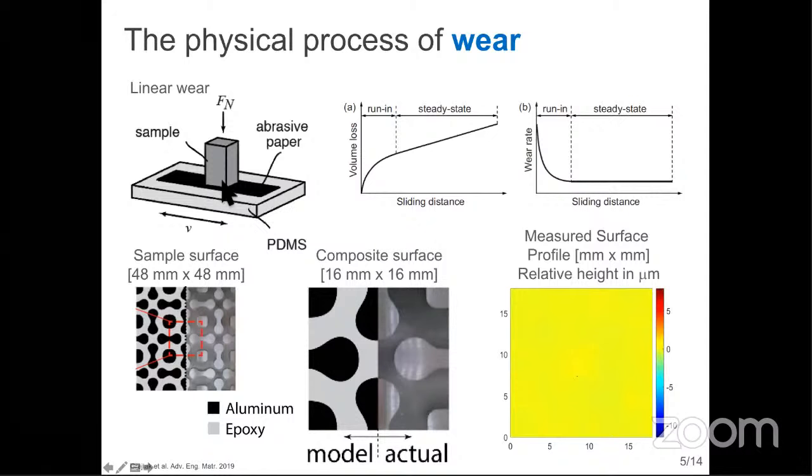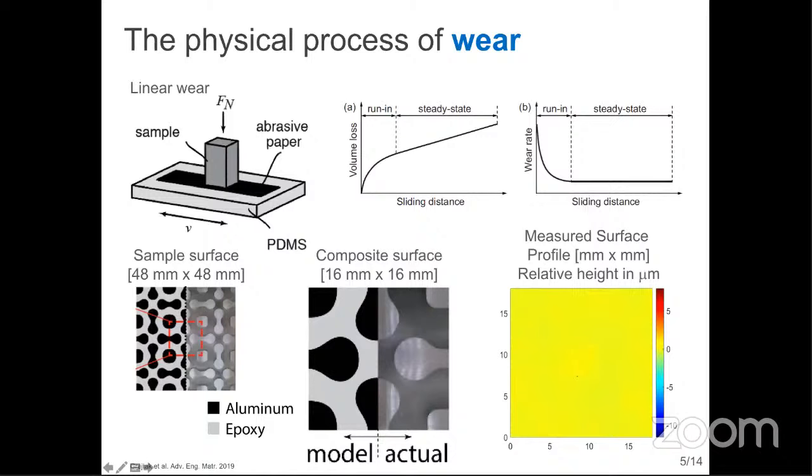So the main things you need to know about wear are shown in these schematic plots at the top right. We care about the amount of material volume loss, and we plot that against sliding distance. And the slope of this curve, the volume loss versus sliding distance, is the wear rate. And that's plotted separately on the right.